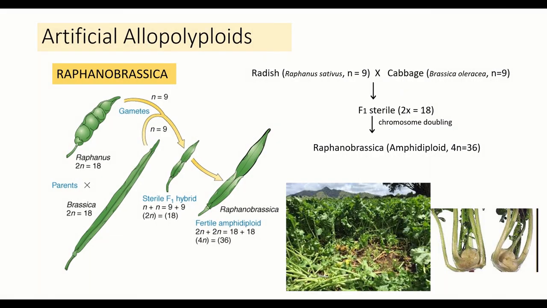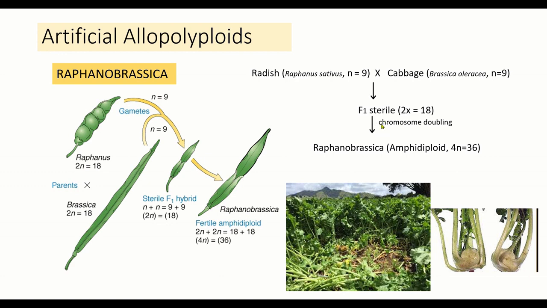Coming to the next one, we have artificial allopolyploids, which is the development of artificial types of polyploids, for example Raphanobrassica. First, radish, which has a genomic constitution of n = 9, is crossed with cabbage to produce a sterile F1.